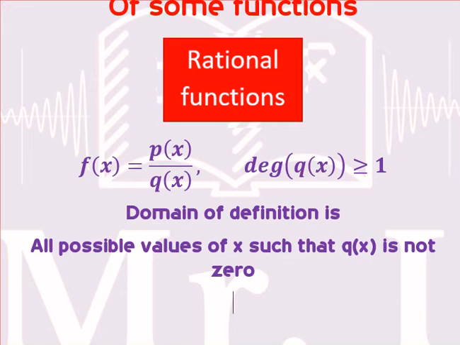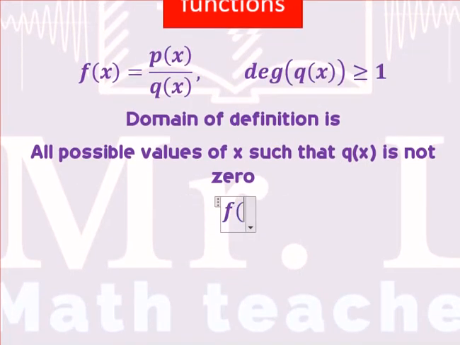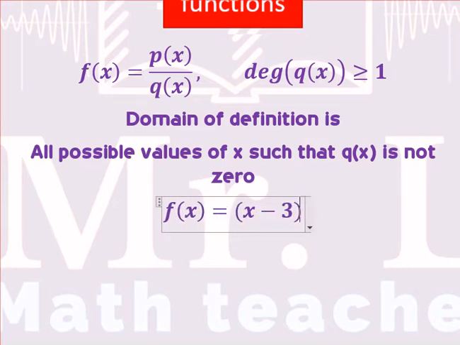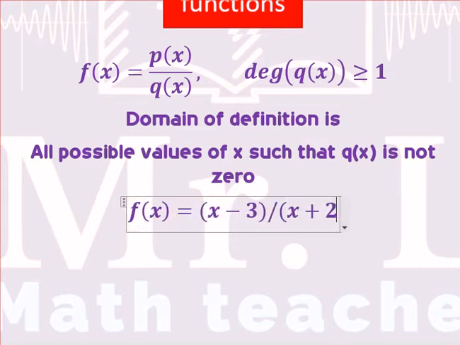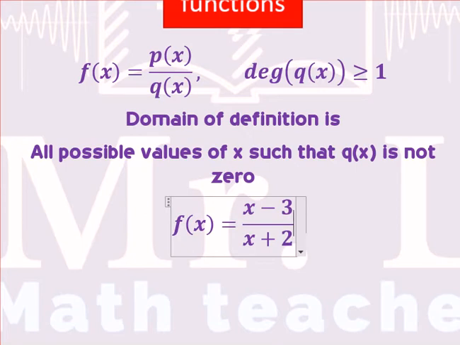Now let me use a very particular example for f of x. I can simply say that f of x is equal to x minus 3 over x plus 2. As you see, f of x here is a rational function because it's in the form of p of x over q of x. But all we need to do here is make sure that x plus 2 is different than 0 because it's the denominator.